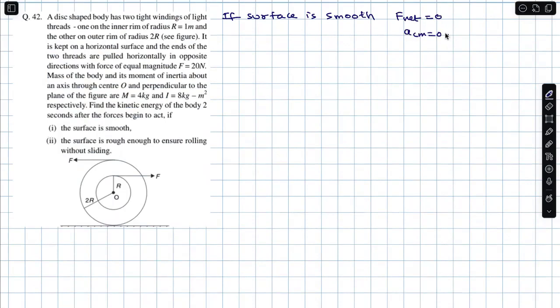You will have only the alpha part. Therefore, what is the net torque in that case? F into 2R minus F into R is equal to I alpha. So alpha is F into R by I.